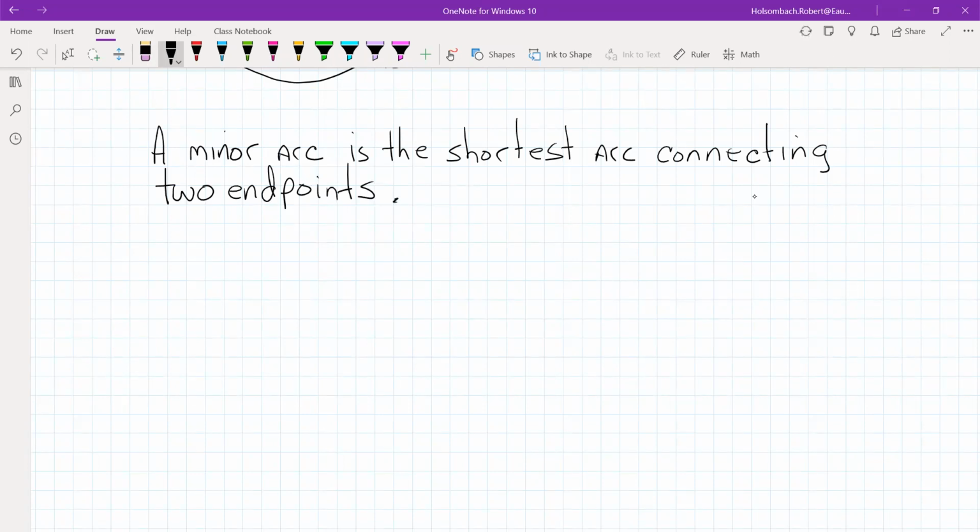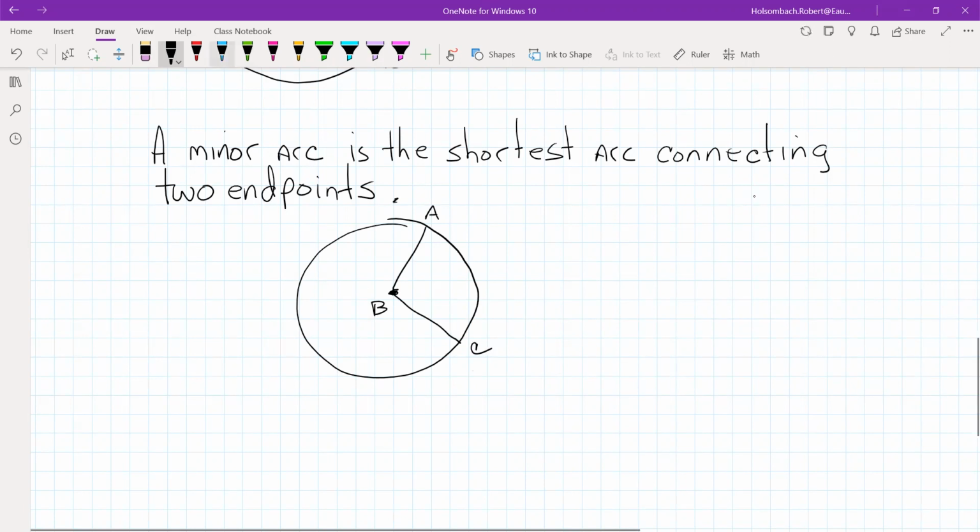So back to this circle again, circle B, with endpoints A and C. Here's arc AC. Minor arc. Shortest distance from point A to point C.